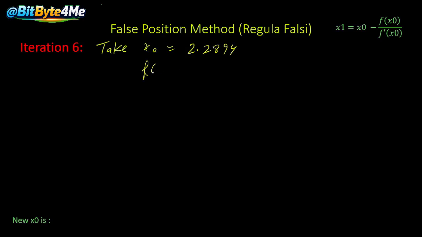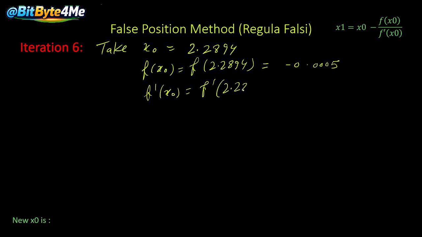Again calculate f of x0, that is f of 2.2894, which comes out to be minus 0.000005, and f dash of x0, that is f dash of 2.2894, which will be 15.7241.